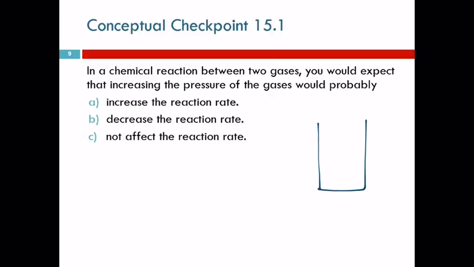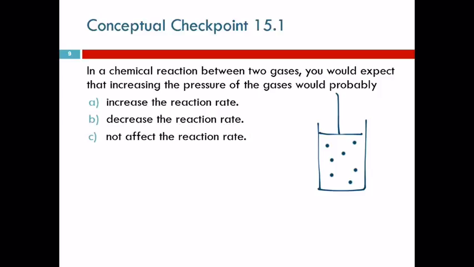So here we have our cylinder with the movable piston, right? And let me make some gas molecules in here. If I push the piston down, I am squeezing the particles closer together. We don't usually talk about a concentration of gas particles.